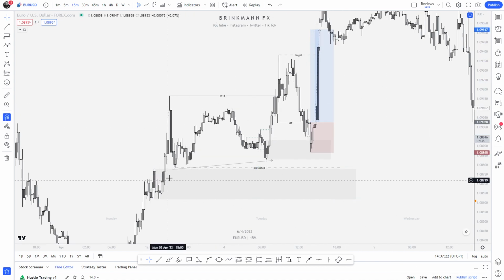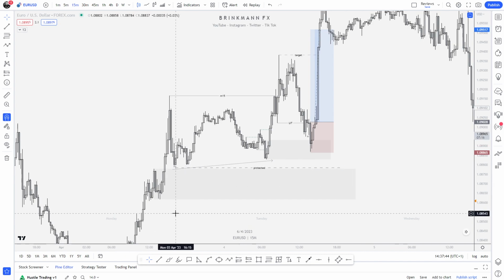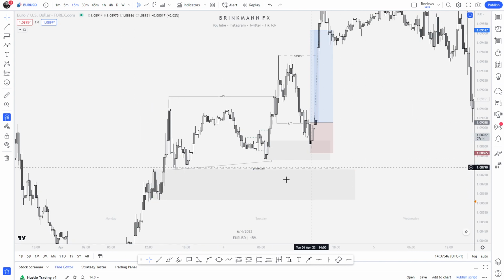Even though this didn't take any liquidity to the left, when it comes to disruptions and taking liquidity on both sides, this is more for POI selection of past data, when we want to identify supply and demand levels that we leave for the future, and when price comes and mitigates back into them, they're the POIs I'm looking for. When we're playing current price, just because this hasn't taken some form of liquidity to the left doesn't mean we cannot play it, okay?